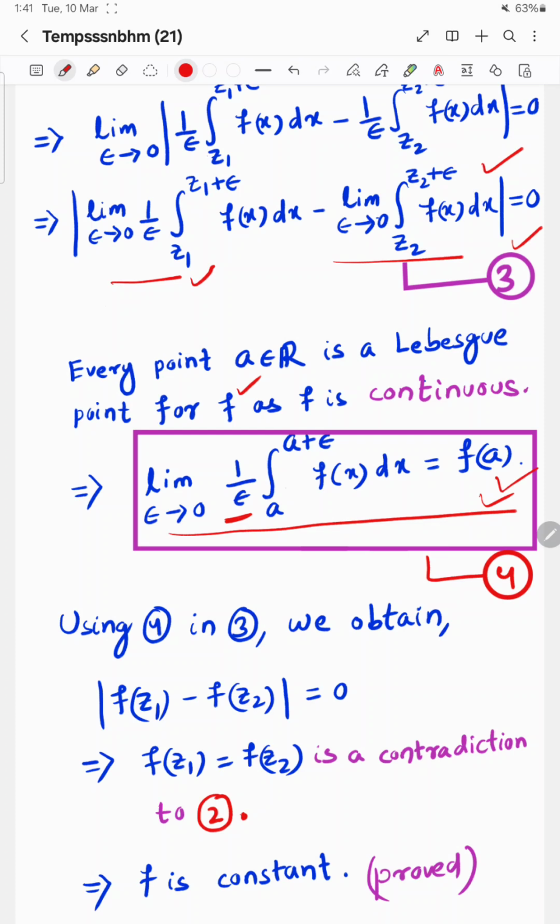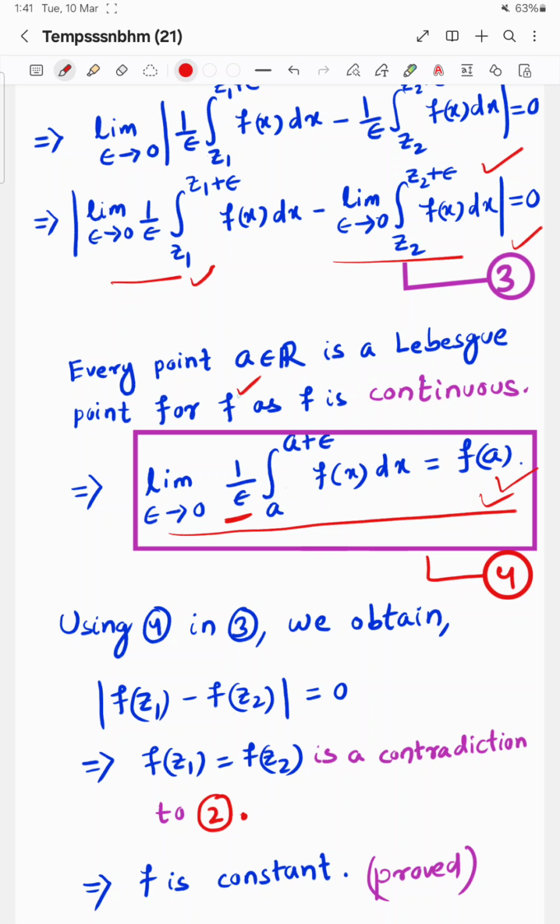If you want a concrete proof of how every point of a continuous function is a Lebesgue point, you can check the description box, where I have attached a video link with the proof that every point a in R is a Lebesgue point if f is a continuous function. So we are recalling that result here.